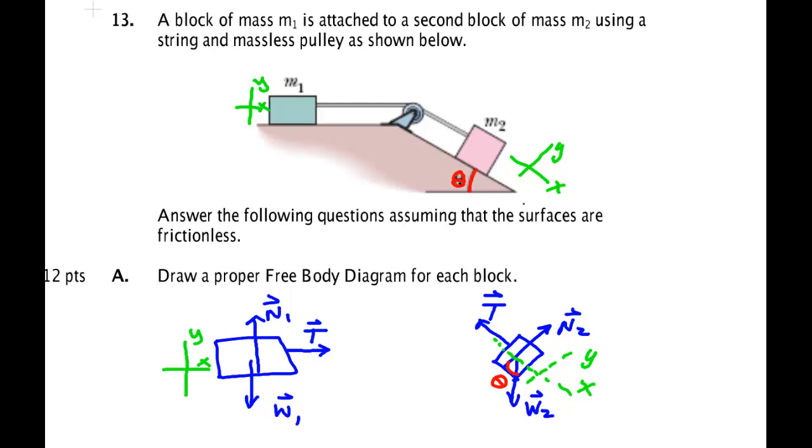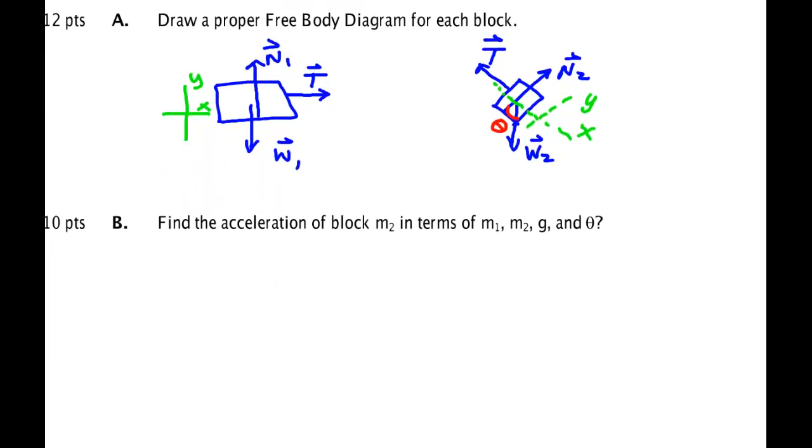If you've done all of those things, then you've drawn a proper free body diagram, and we can now read that to solve Newton's laws. So in the next part of the problem, find the acceleration of the second mass, M2, in terms of M1, M2, g, and theta. In fact, because they're connected by a physics string, both blocks have the same acceleration.